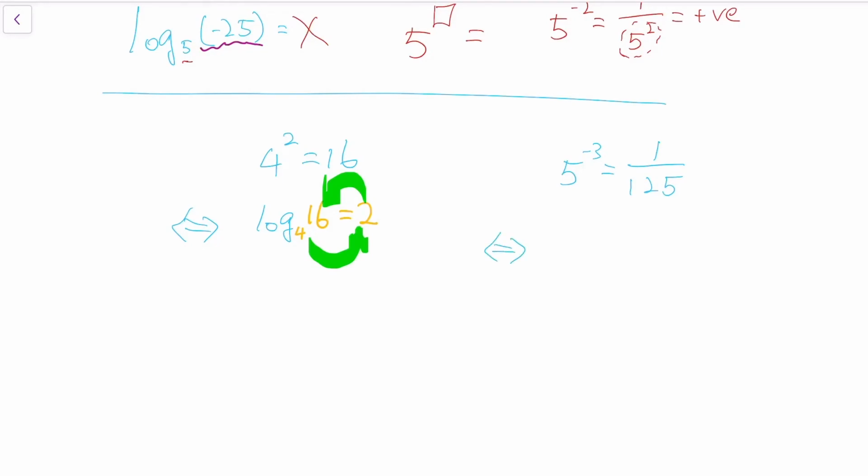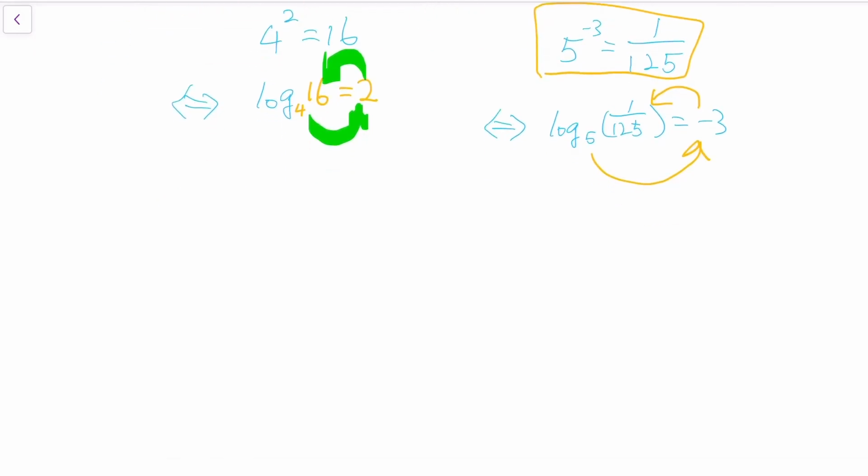Give it a try. Answer coming in 3, 2, 1. Well, it's log base 5, 1 over 125 equal to minus 3, which makes sense because 5 to the power of negative 3 is 1 over 125 as it's given.